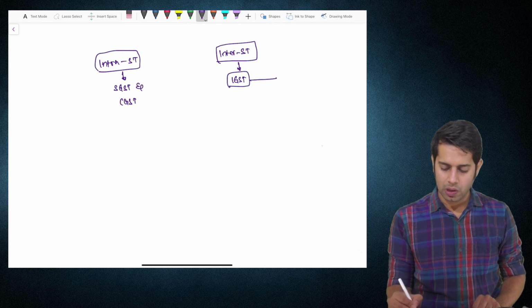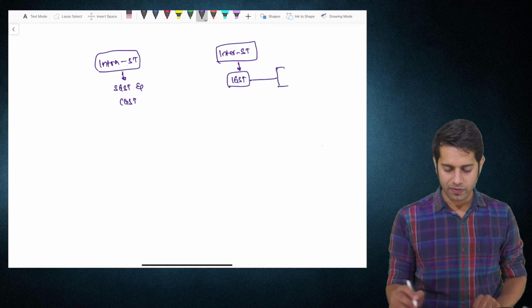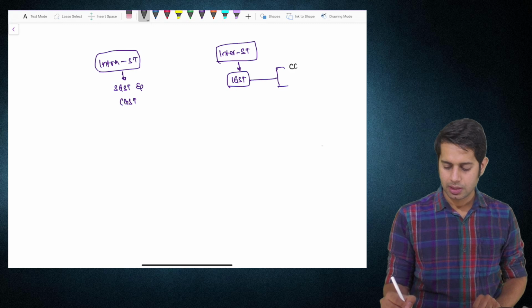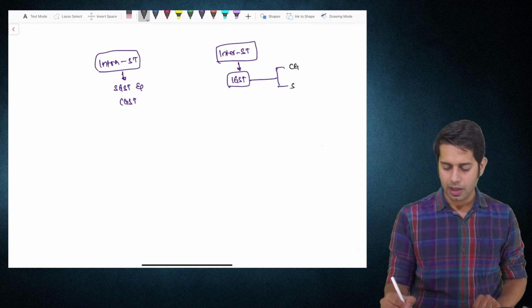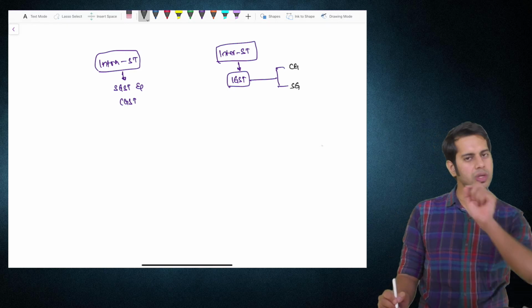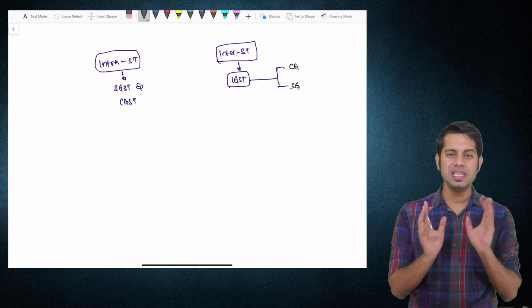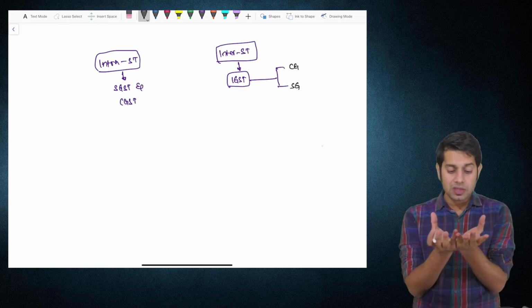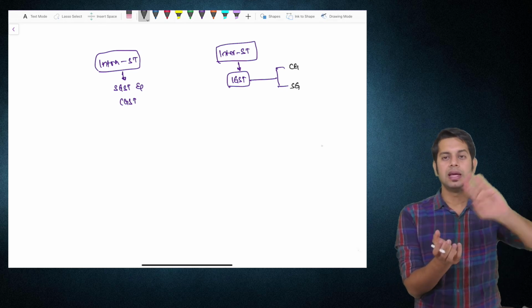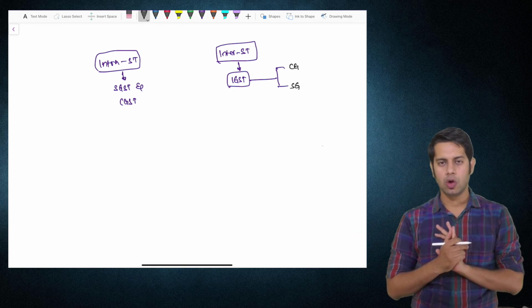Now, as we all know, this IGST consists of the share of central government and the share of tax to the state government. The IGST amount which you are paying will be apportioned between the central government and the state government.